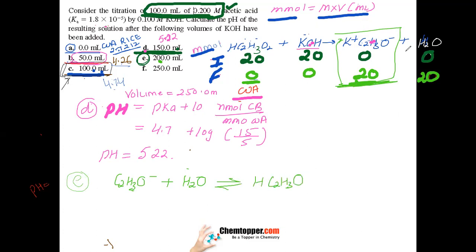It is weak, but it is stronger than water. Stronger than water, right? No, Sanvi, this is stronger than water. It's a strong conjugate base of a weak acid. It's not as strong as KOH. It's not fully dissociated. It's still very weak, but stronger than water.